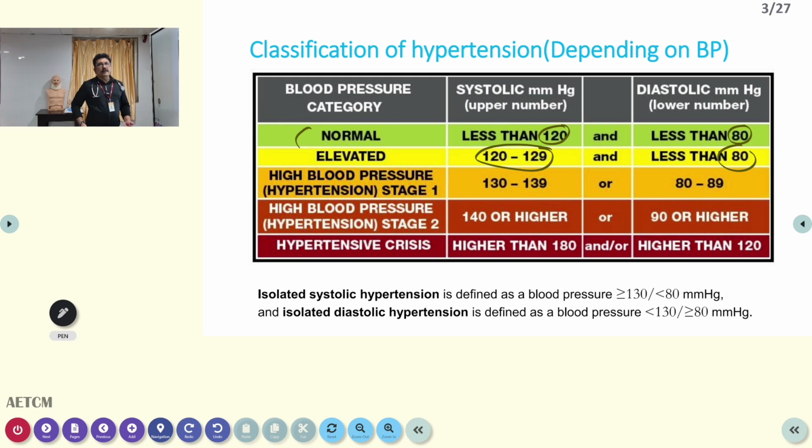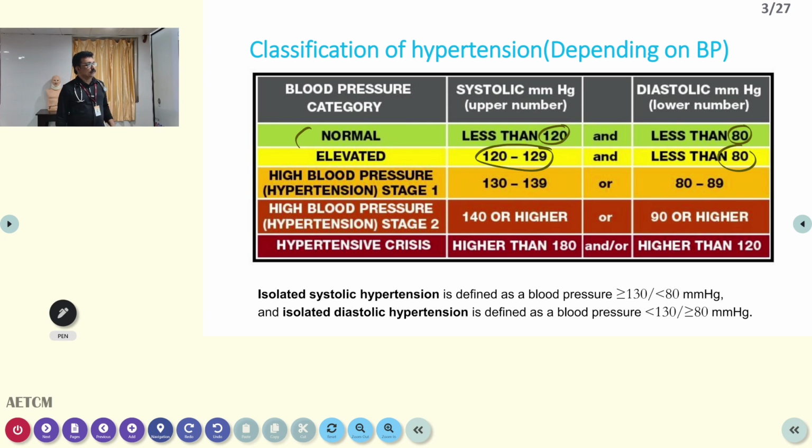But 120/80 or 121/81, we don't strictly classify under hypertensive stages, but we should know that there is a chance of the BP increasing in that person. We should ask them to change their lifestyle. If there is a wrong lifestyle, like increased intake of alcohol, smoking, increased dietary salt, a sedentary lifestyle, all these things can be corrected in the early phase itself.